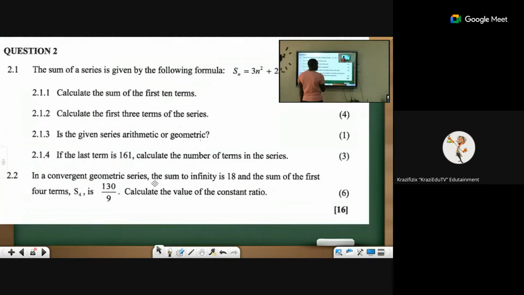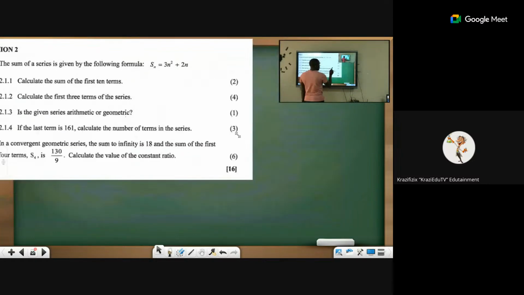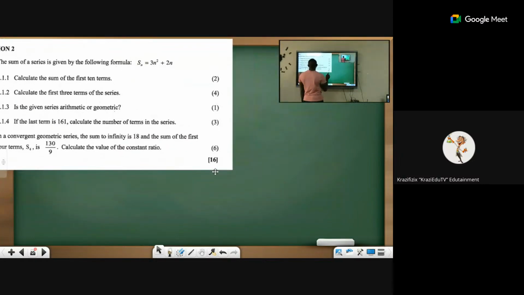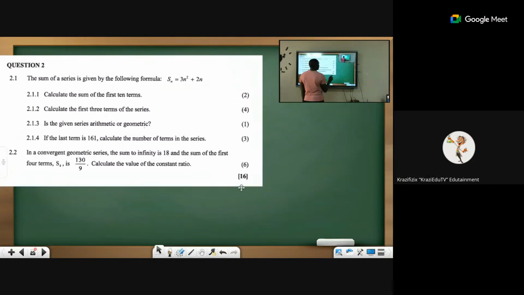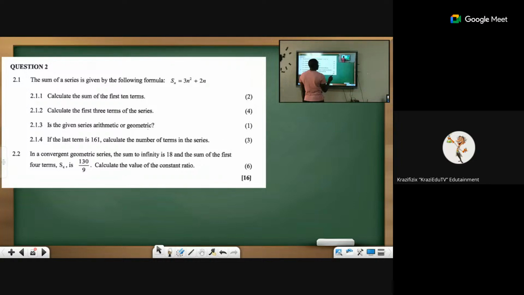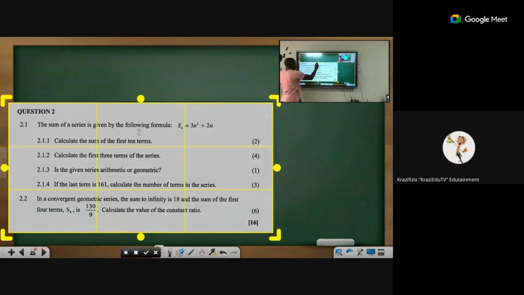Okay, let me do this. So I can cut it. Don't worry, I'm releasing you just probably after this one.